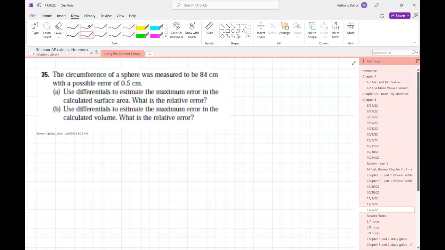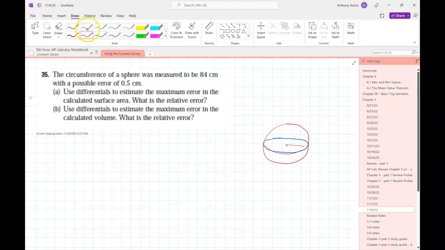Okay, so when I say circumference of a sphere, what you're talking about is what we call a great circle. That's a cross section of the sphere that forms a circle whose radius is also a radius of the sphere.